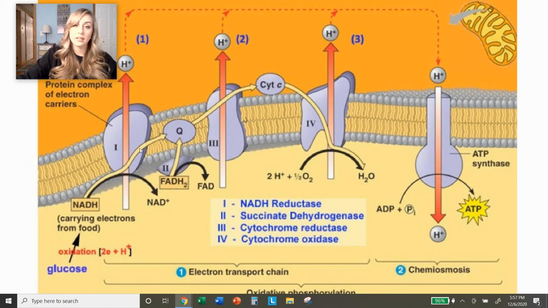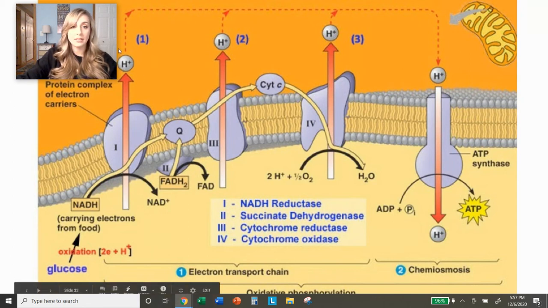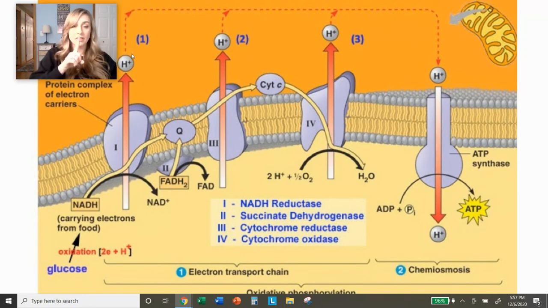So those electrons are going to make their way to each protein in the membrane, and if you notice, as they touch or pass through each protein, you can see a hydrogen proton is pumped out, okay, from inside out. Different than photosynthesis. Photosynthesis electron transport was out in, but we're building up that chemiosmotic difference.